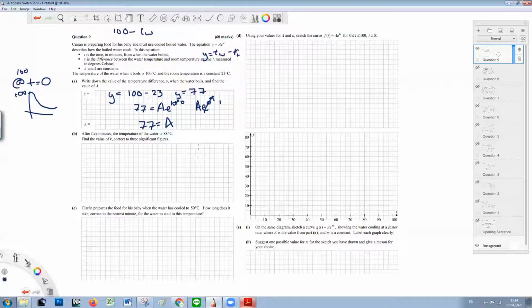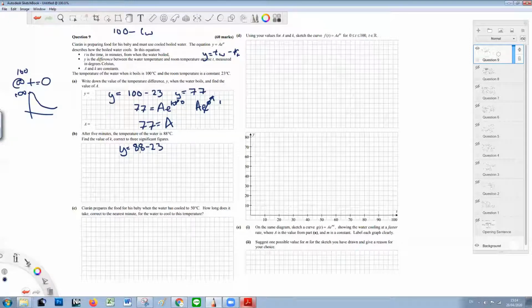All right then. After 5 minutes, the temperature of the water is 88 degrees Celsius. So y is going to be 88 minus 23, because it's the difference in temperature between the boiled water temperature and the room temperature.